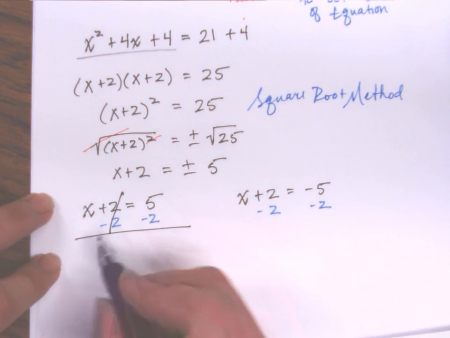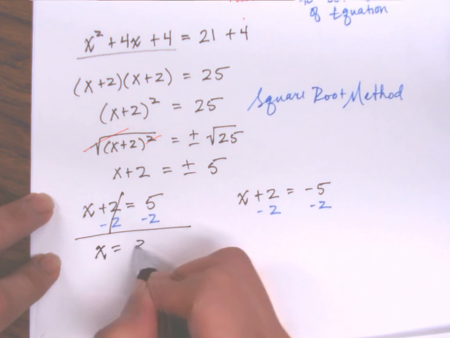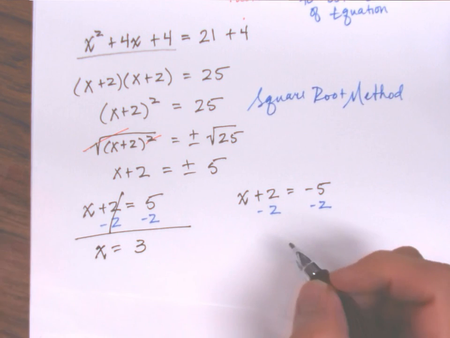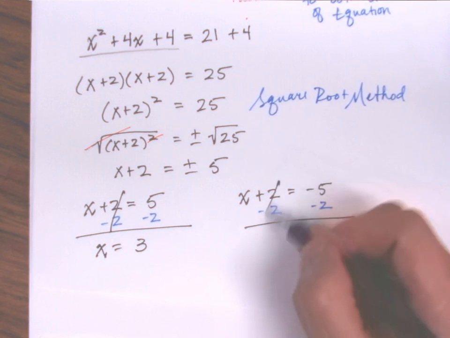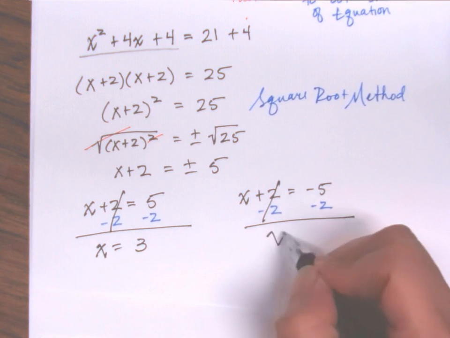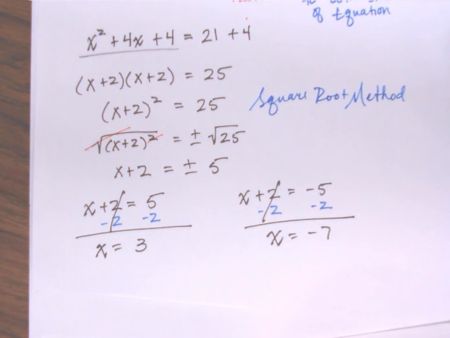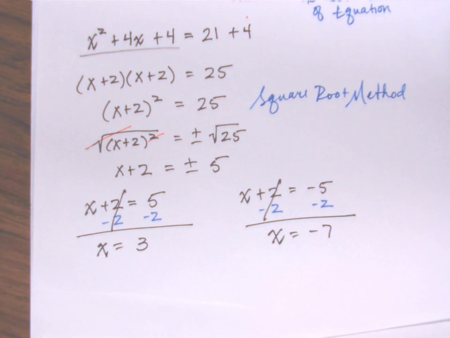So this cancels out here, and I get x equals 3. This cancels out here, and I get x equals -7. And we're done.